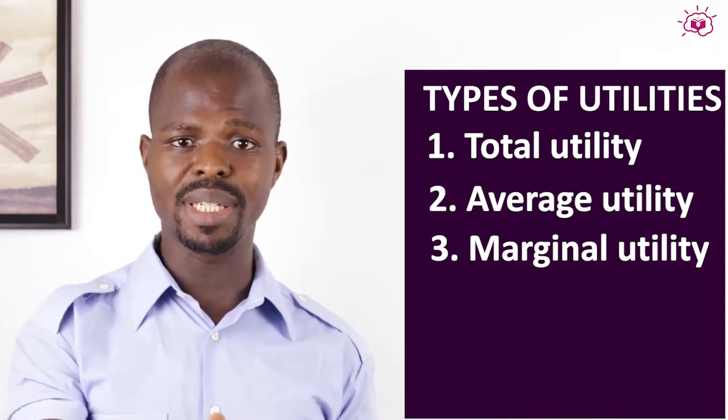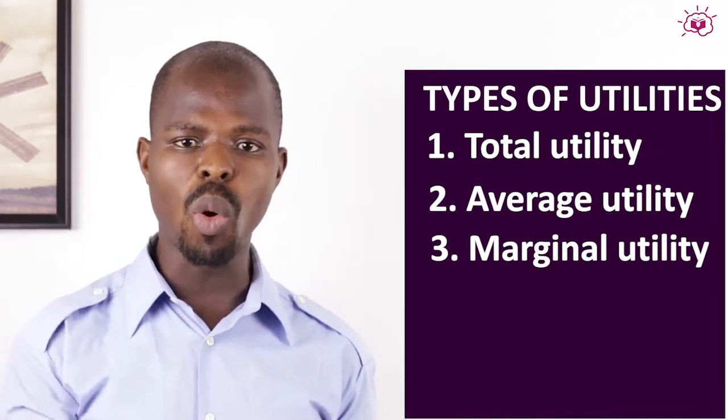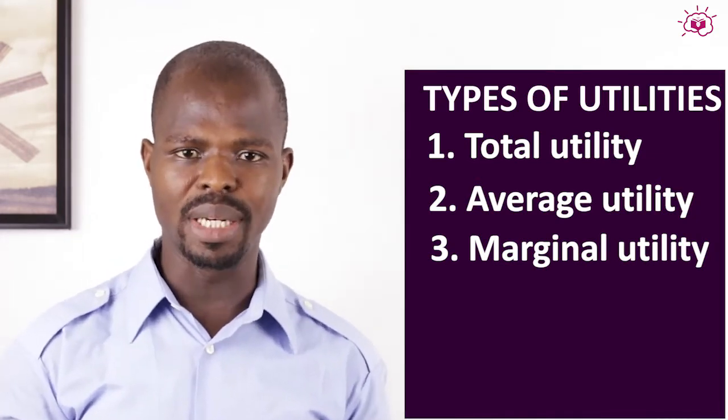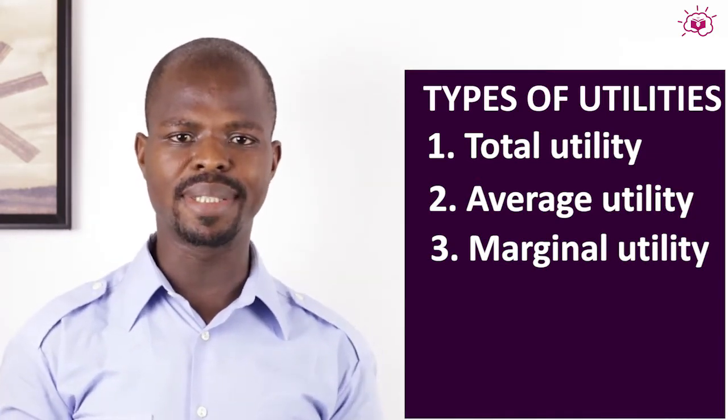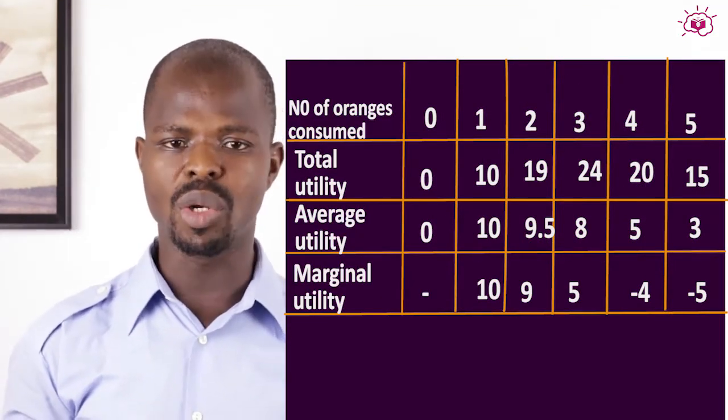Now, it is important to state here that the more of a particular product you consume, the lower your marginal utility. As we can see on the table, we have number of oranges consumed by a given consumer.